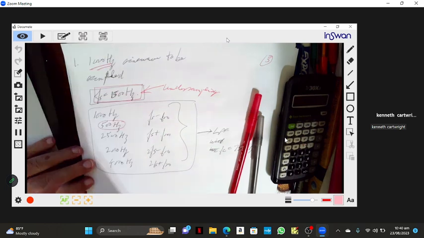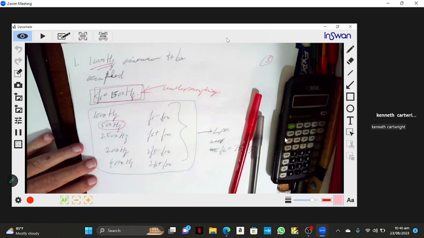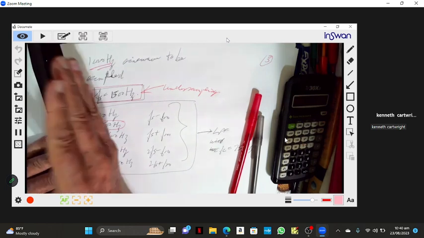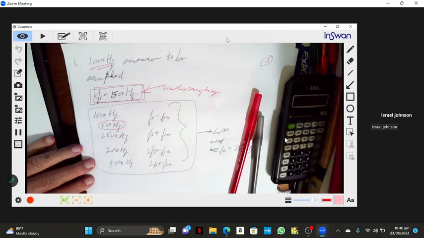Folks, tell me, what is the minimum sampling frequency? I just told you this 10 minutes ago. It's 2,000, not 1,000. 2,000 is the minimum.